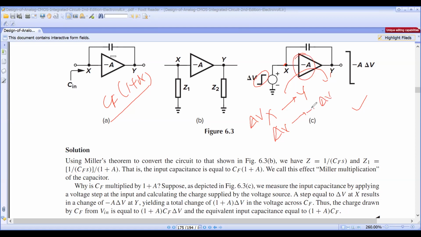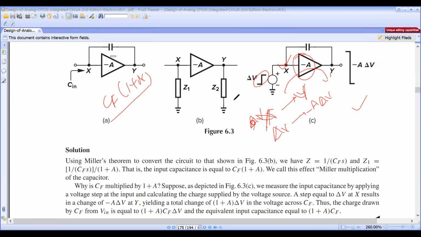What is the gain? Minus A. So at node X, if the change in voltage is delta V, then the corresponding change at Y is minus A delta V.